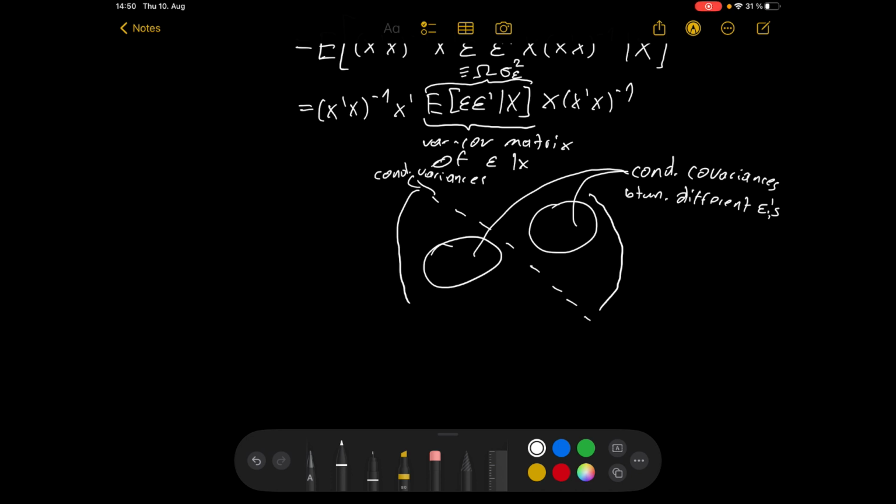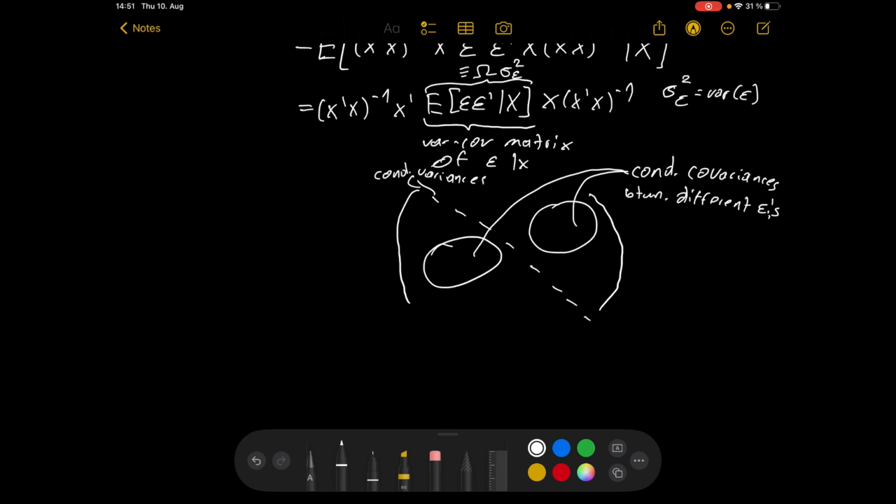The sigma squared epsilon is the unconditional variance, so sigma squared epsilon is equal to the variance of epsilon unconditionally. That's just a normalization in the sense that it just scales the omega matrix.